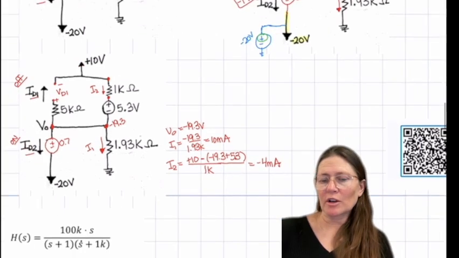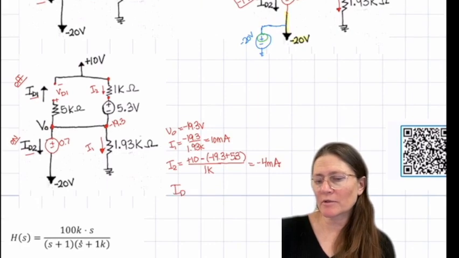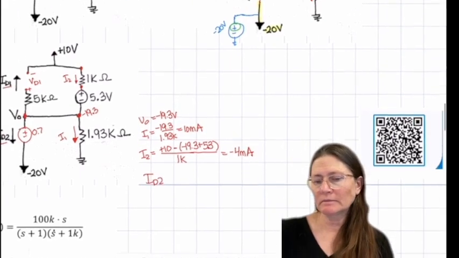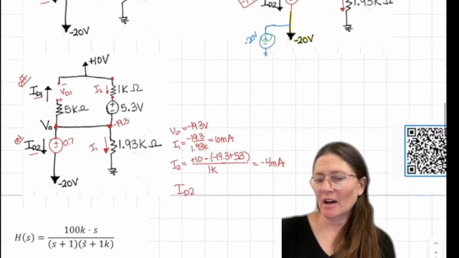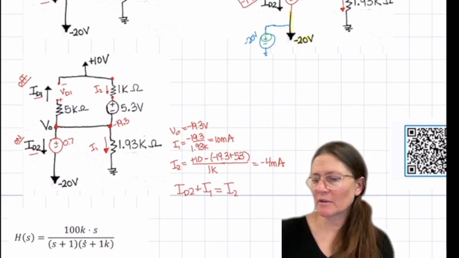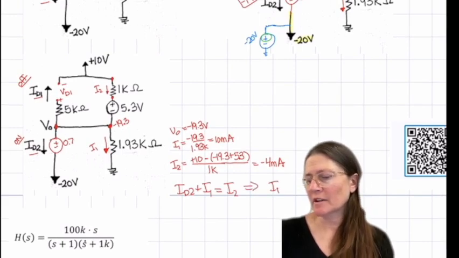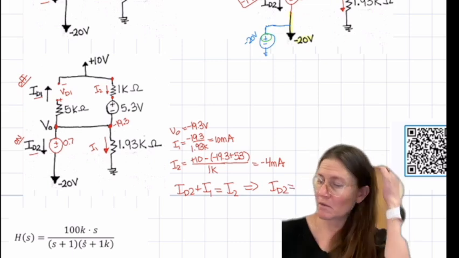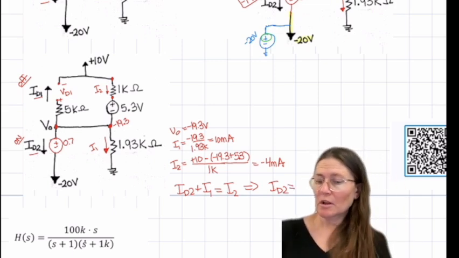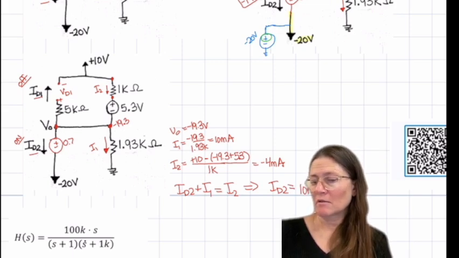Now a current summation would be ID2 goes out, I1 goes out, and then I2 comes in, which would give us an ID2 of 10 milli. Oh wait, wrong way.